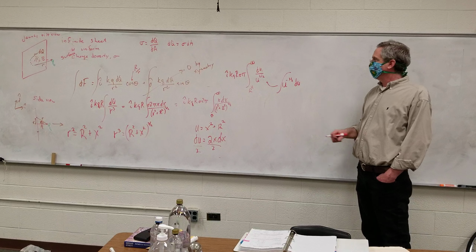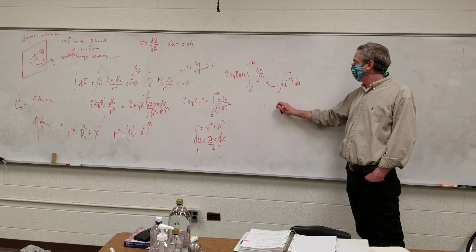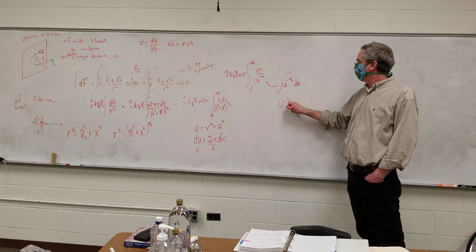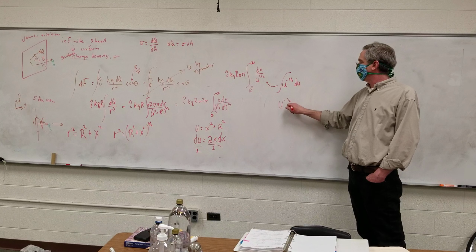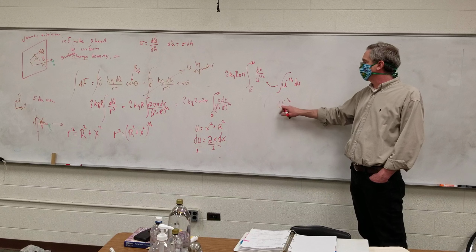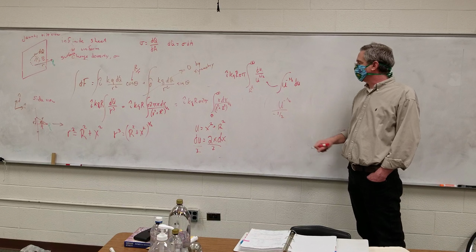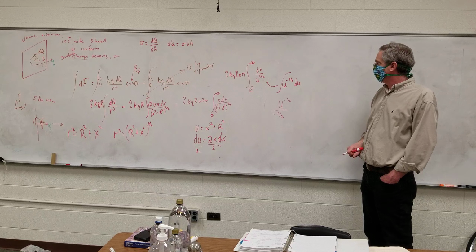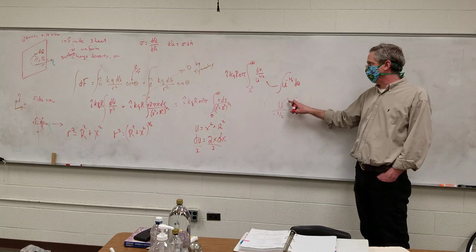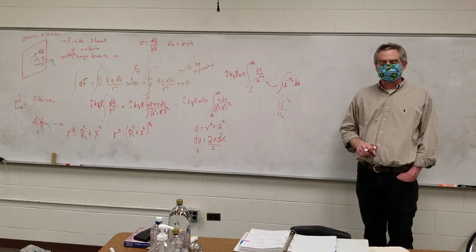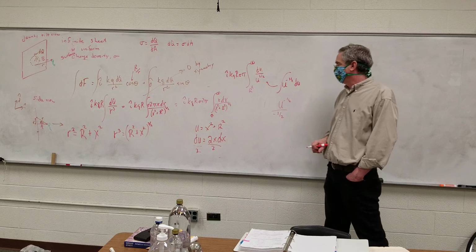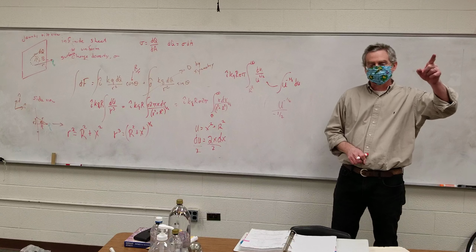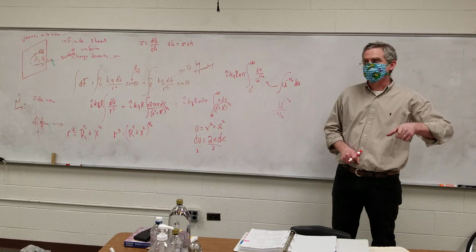Negative 1/2 u to the negative 1/2, with a negative 1/2 in front. You divide by it, because when you take the derivative, the negatives cancel out. Although, I've found there's a common mistake in the integrals with negative signs.